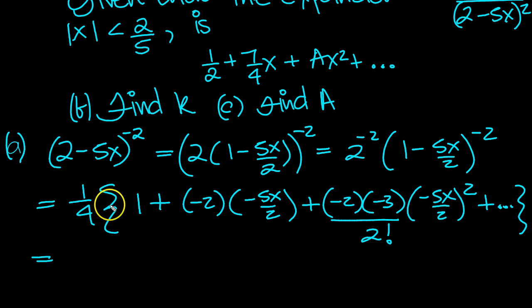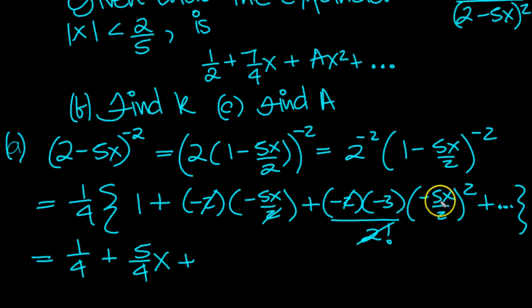So let's work out what that is. That's a quarter. The next term: the 2's will cancel, the minuses will cancel to make a plus. We've got 5 over 4 x. Next term, 2 minuses, 4 minuses make a plus. This 2 can cancel with that one there.